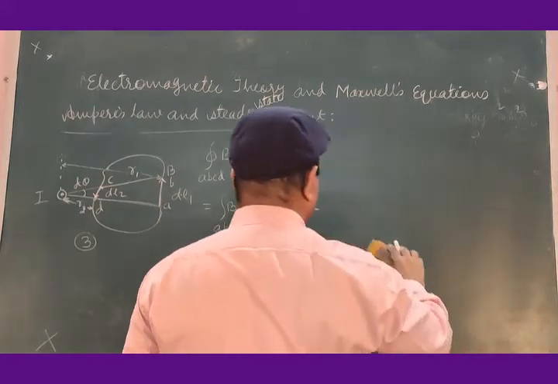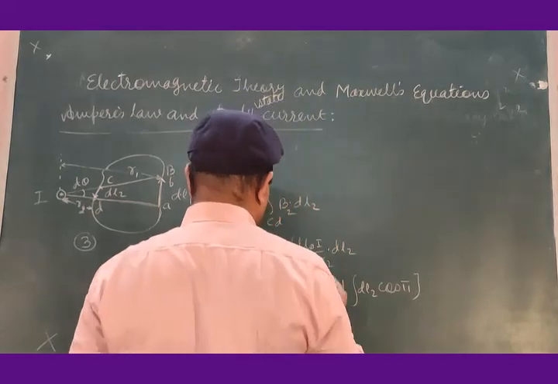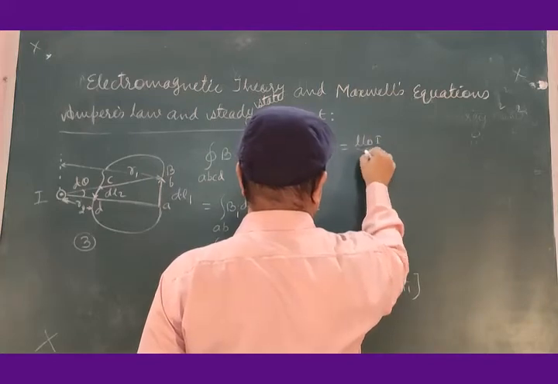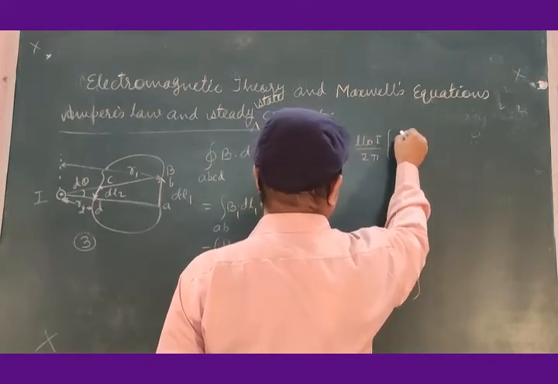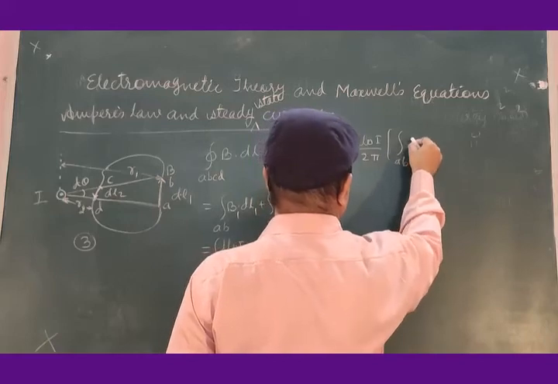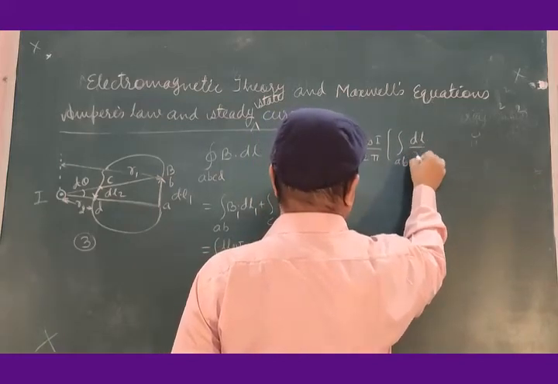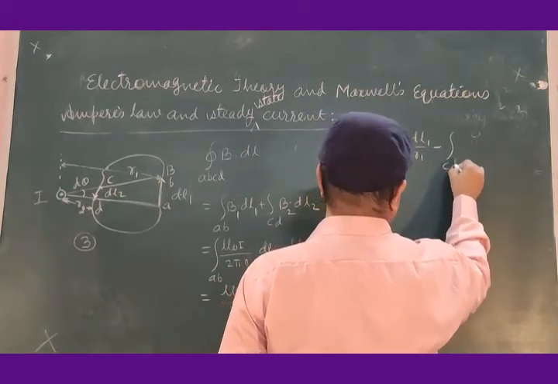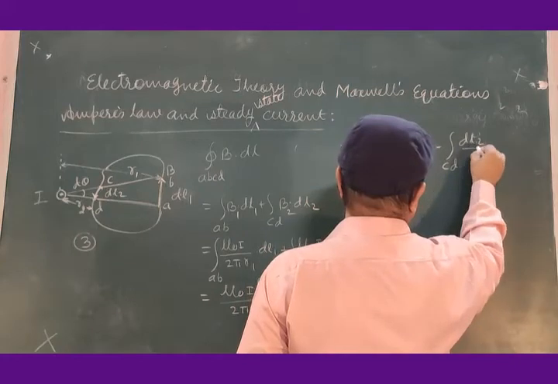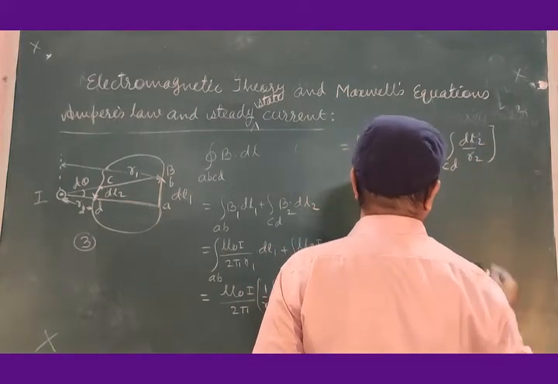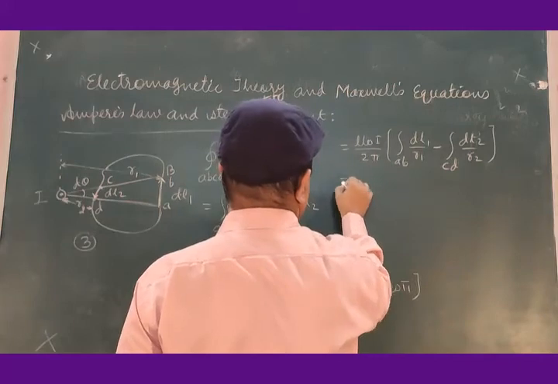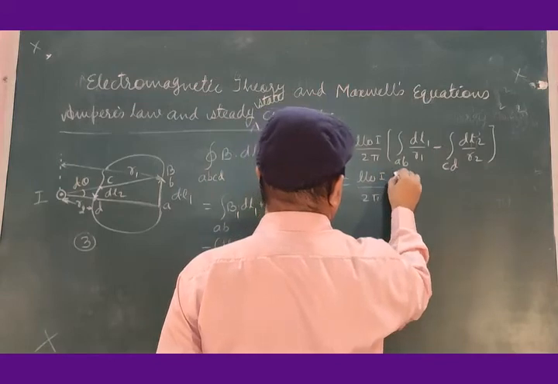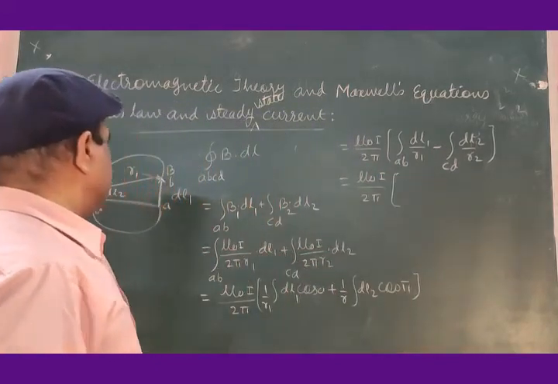Cos 0 is 1, cos pi is minus 1, and so this is simply equal to mu 0 I by 2 pi, dl1 by r1 minus dl2 by r2. Come to the figure.